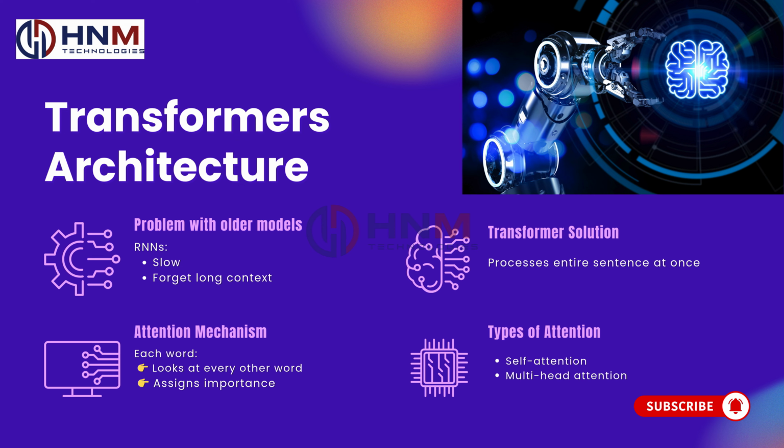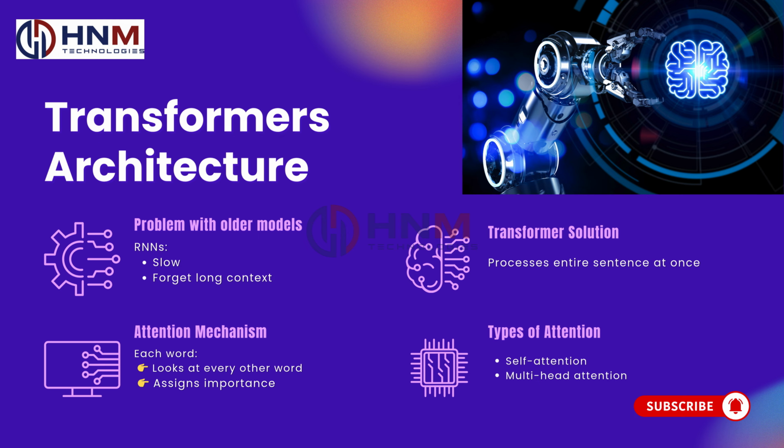Transformers solved this by introducing a parallel processing mechanism, allowing the model to look at the entire sentence at once. The most important concept in transformers is self-attention. Instead of treating words independently, the model evaluates how each word relates to every other word in the sentence. For example, in the sentence "The cat sat on the mat because it was tired," the model understands that "it" refers to "cat" using attention.